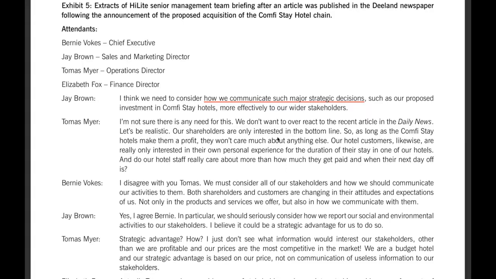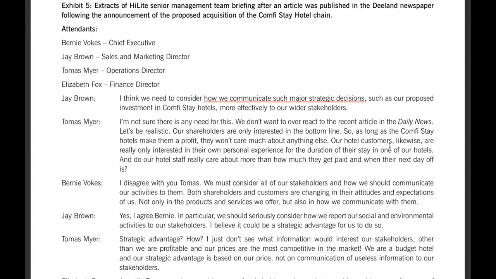Thomas is not agreeing with that. We don't want to overreact. Our shareholders are only interested in the bottom line. As long as Capistay Hotels makes them profit, they wouldn't care much about anything else.